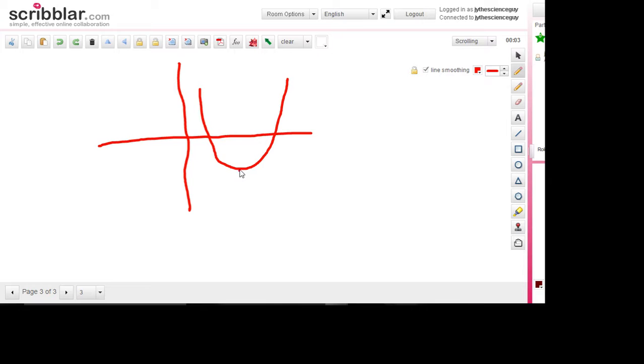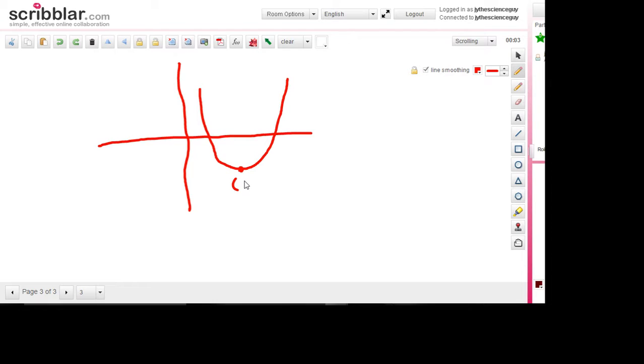Look at that fancy parabola. Vertex. How do I want to do this? Let's do it this way first. Oh, this is ax plus bx plus c. Yeah.